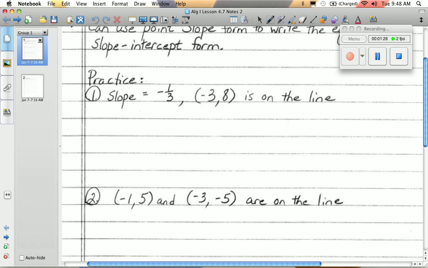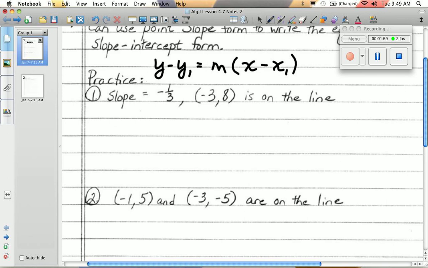So remember, our point-slope form goes, can you recite it for me? Y minus y sub 1 is equal to m parentheses x minus x sub 1. Okay. If you don't have that memorized, you probably want to get that written down, because the first thing we're going to do is put the information we have into that form, and then we're going to rearrange that so that it's in slope-intercept form.